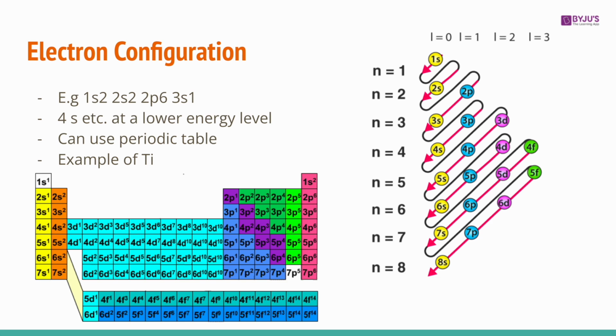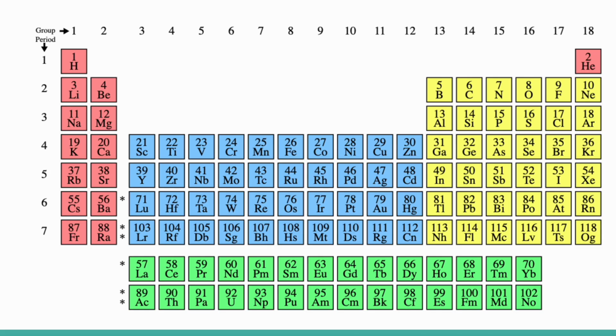Now, if you're writing electron configurations for elements further down in the periodic table, it can be quite difficult to list out such a long, extensive and detailed electron configuration. Thus, what we can sometimes do is use the final group, so group 8, and write that in square brackets.